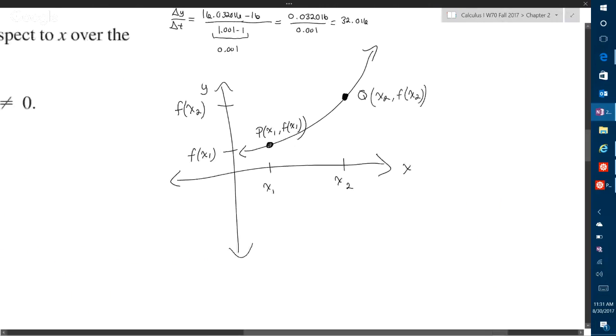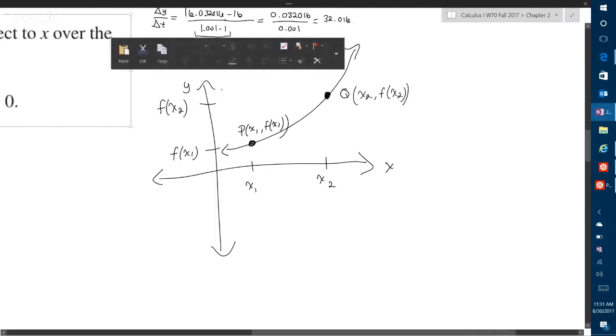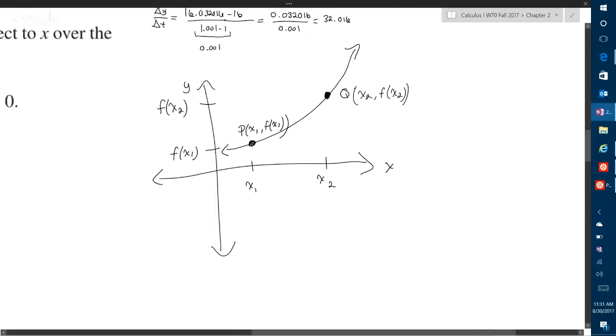So this is already there, it's basically numbered for you. If we look at the change in y divided by the change in x, you can pretty much see why it's f of x2 minus f of x1 divided by x2 minus x1. It's just like what we were doing for the average rates of change in the other examples.